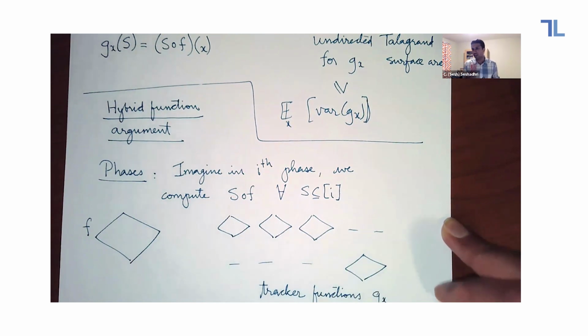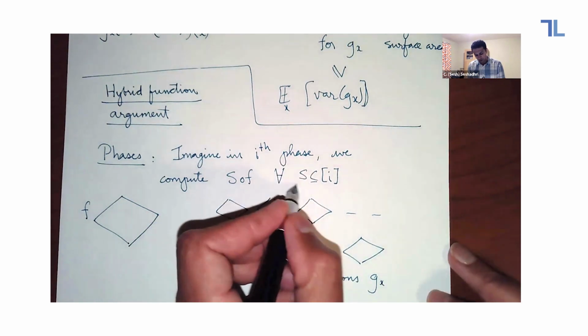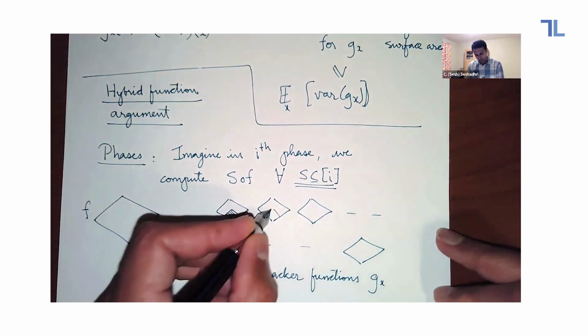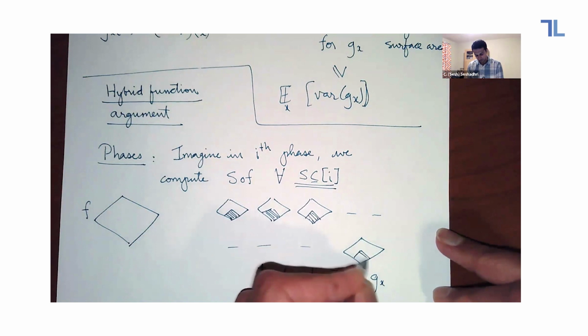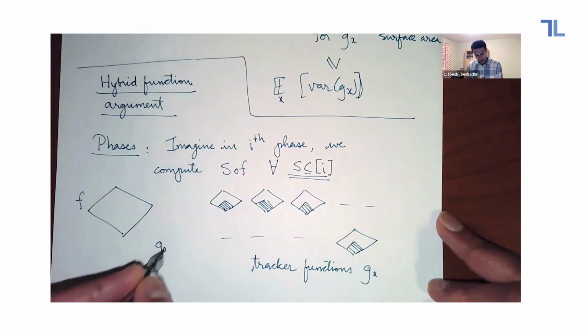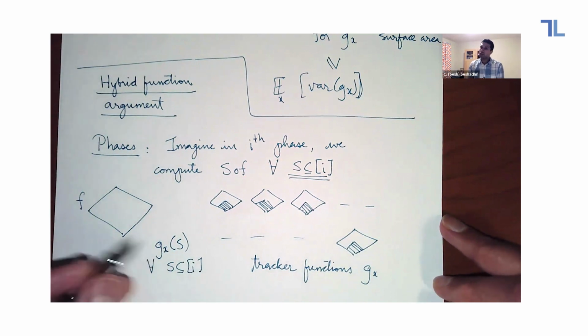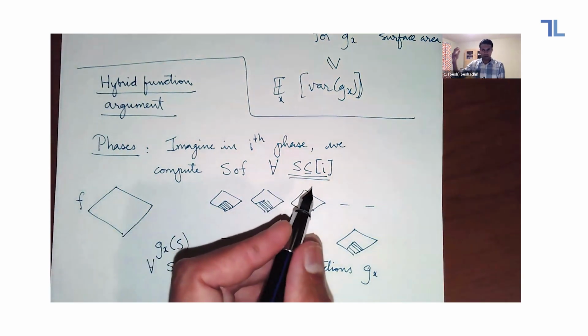What this means is that we've already computed all of these values for these functions, because we have computed gx of s for all subsets of I. We've computed everything here, but we have not switched any coordinate more than I.